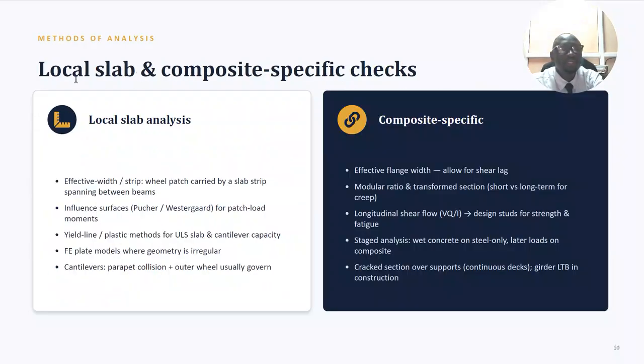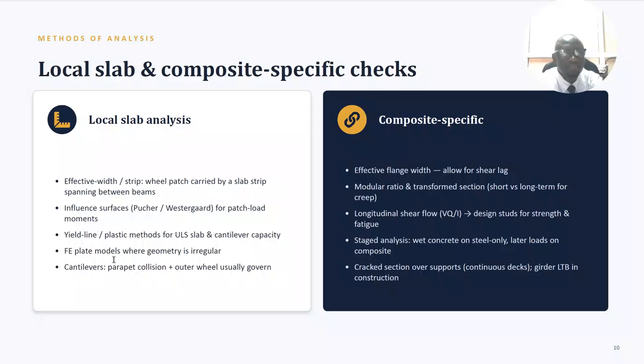Some of this may not be done, but at least it's good to know the different types. Then you also look at local slab and composite-specific checks. For local slab analysis: effective width strip method, wheel patch carried by a slab strip spanning between beams. Influence surface, Pucher or Westergaard patch loads. There are some charts I shared; read about Westergaard or Pucher charts. Yield line or plastic method for ultimate limit state and cantilever capacity.